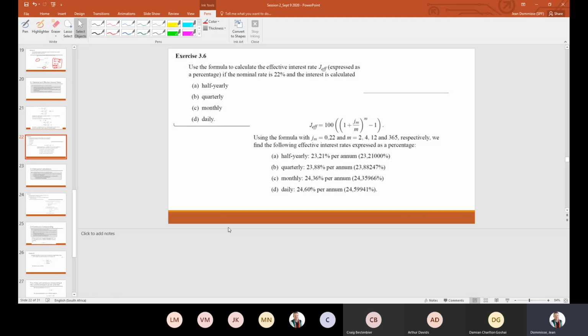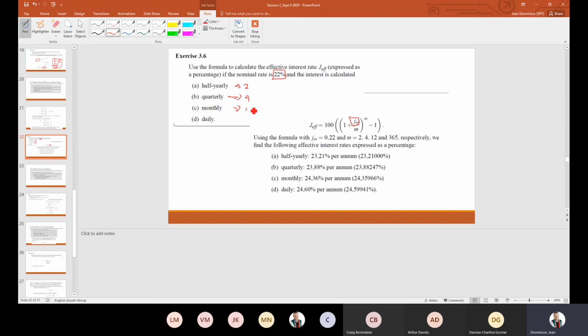But if we needed to use the formula, all that would have changed is, let's quickly do one. They say it's at 22%. A half yearly is 2 times a year. Quarterly is 4 times a year.